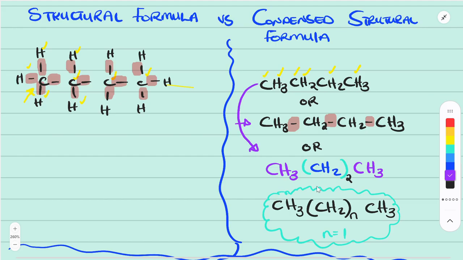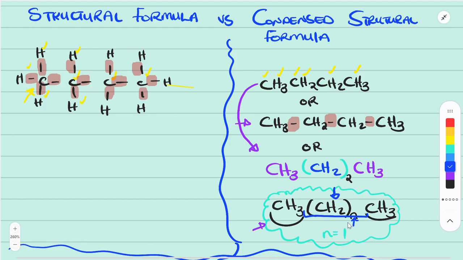So what does this mean here? Let us start with this. Let us understand this part first. We have this guy over here that is a carbon with three hydrogens. We have this guy over here, which is a carbon with three hydrogens. And then we have this guy in the middle here, which has a CH2, and there is this N underneath here.